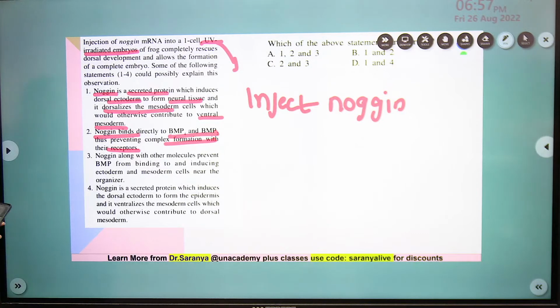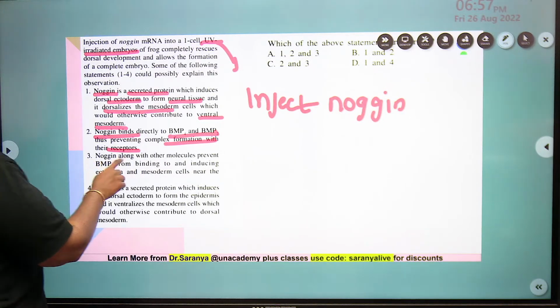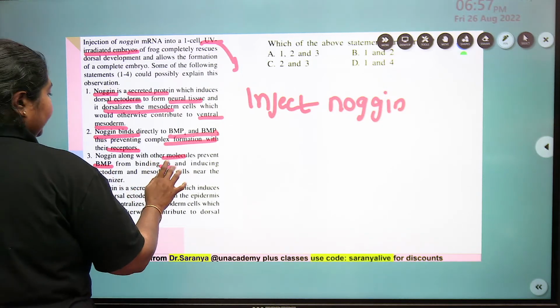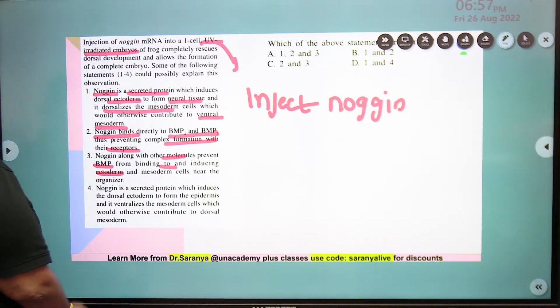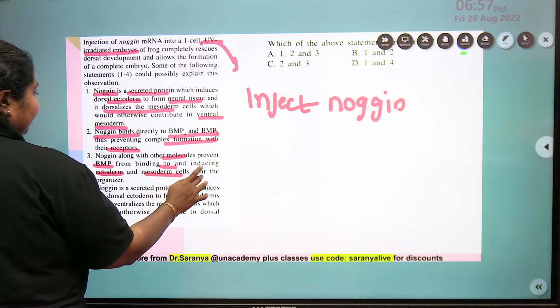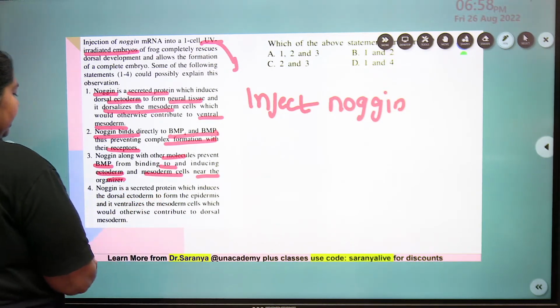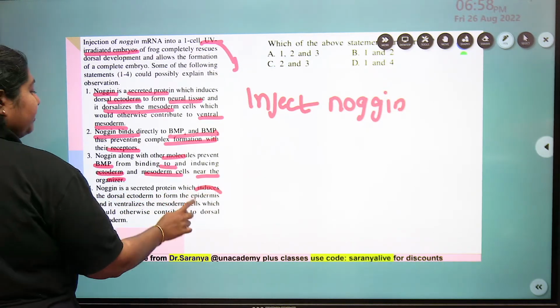The next one: noggin with other molecules prevents the BMP from binding to and inducing the ectoderm and mesoderm cells near the organizer. Next one says that noggin is a secreted protein which induces the epidermis.